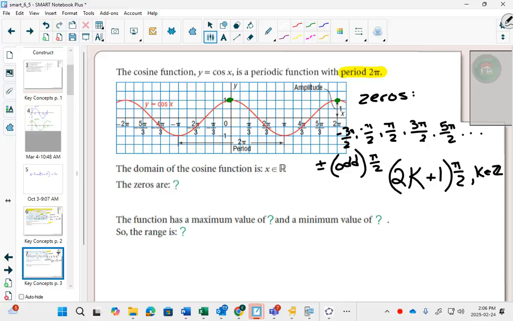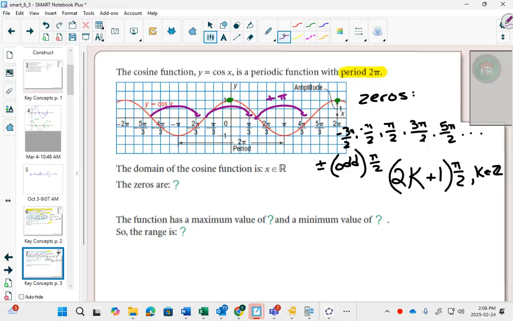The other way that you could do that is to notice how much of a hop is it between them. It's the same distance every time. And if the whole period is 2 pi, does it make sense that the hop is always pi in between?